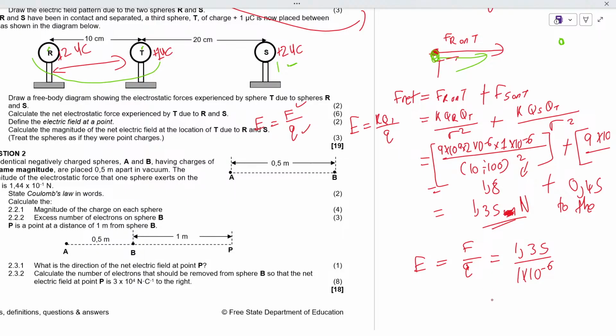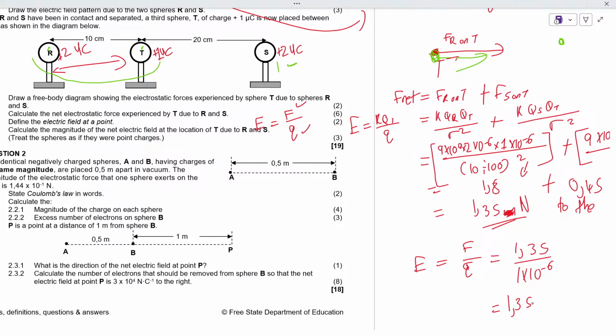Then how much does it give us? 135,000. 135 and four zeros.